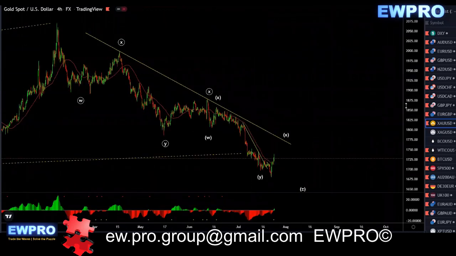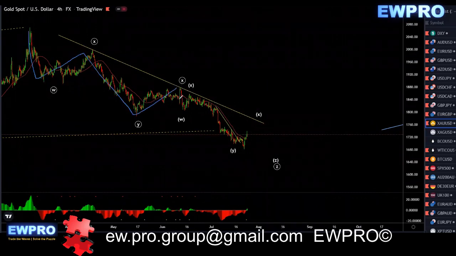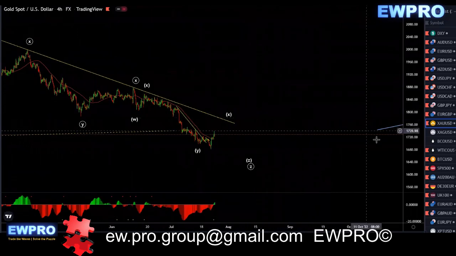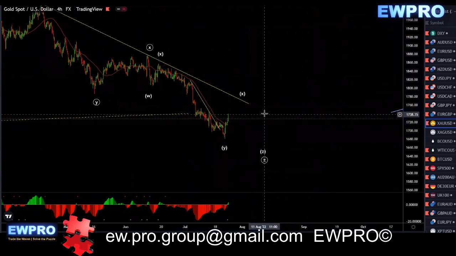If we look on the H4, you can see what I'm looking at. We got a WXY X2 and we're getting an extended wave down in wave Z. A possible extended wave in here. We're only looking for the buys for this X2.